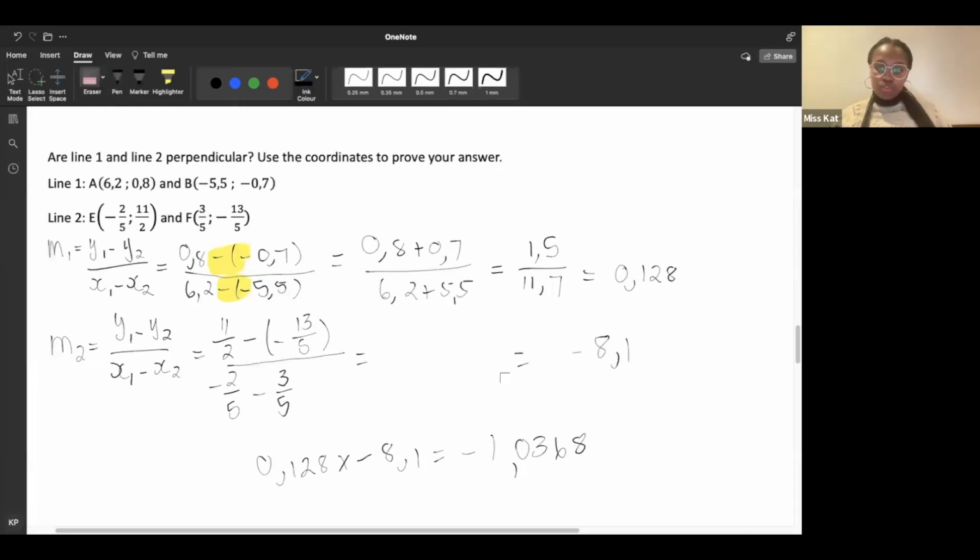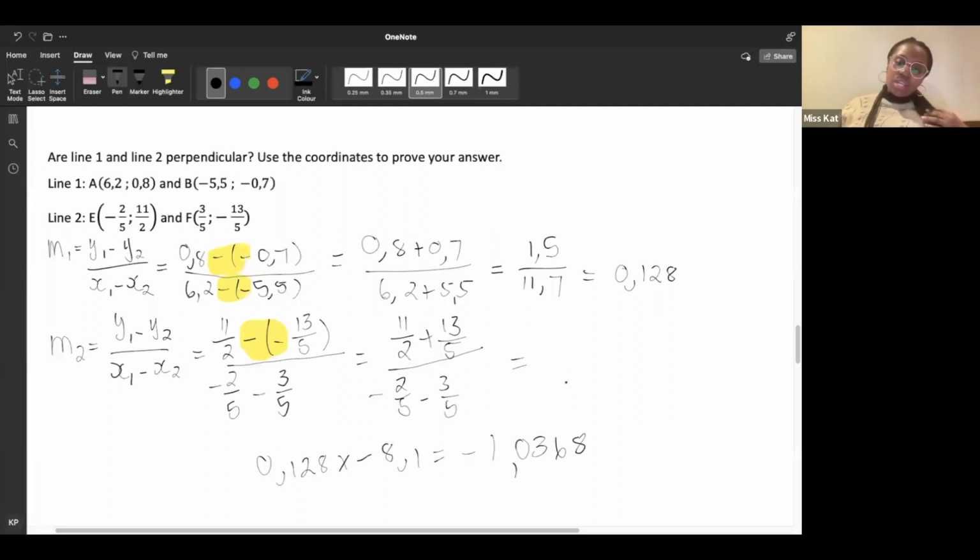Maybe this is what's confusing you. These two negatives are going to make what? A negative and a negative gives you a positive. So we're going to have 11 over 2 plus 13 over 5 divided by negative 2 over 5 minus 3 over 5. Here we first have to find the LCD and do all of that.